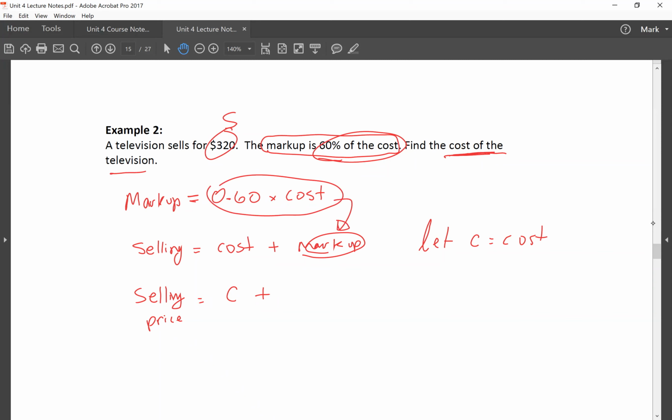The markup is 0.60 times the cost. And now I'm going to solve this equation. Now my selling price, I know it's 320, equals C plus 0.60 C. I'm writing a lot for this.